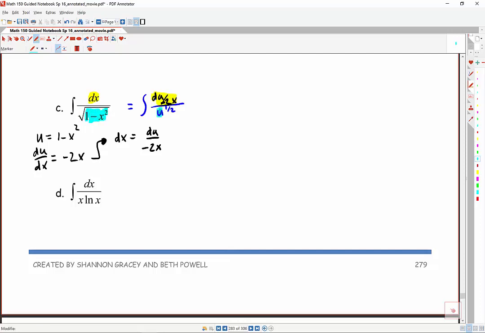And cleaning that up, this is equal to negative 1/2 times the integral of u to the negative 1/2 times x to the negative 1 times du.